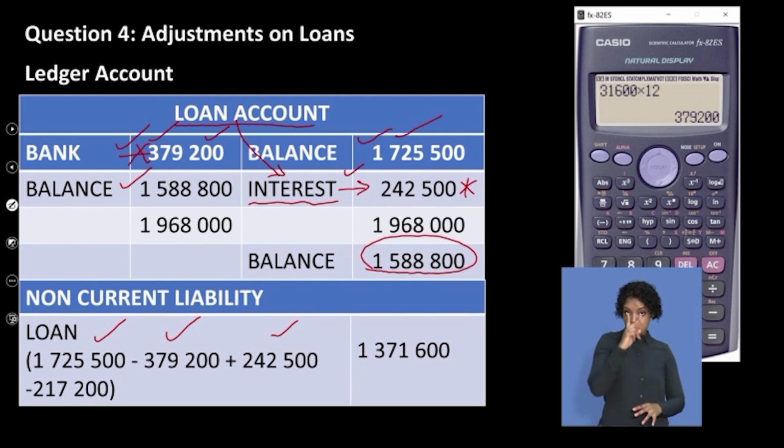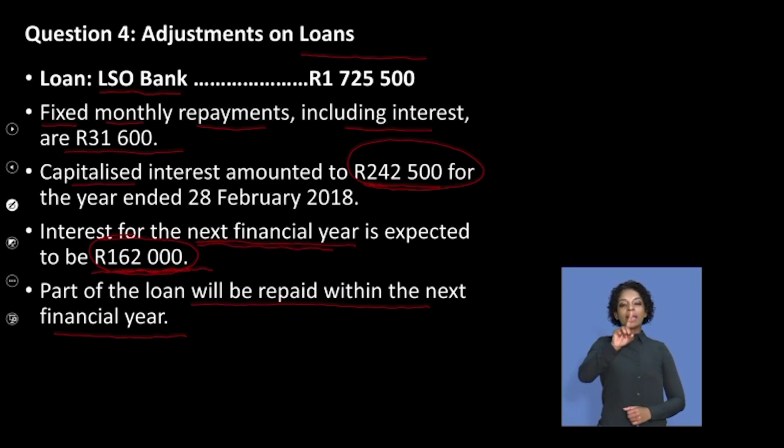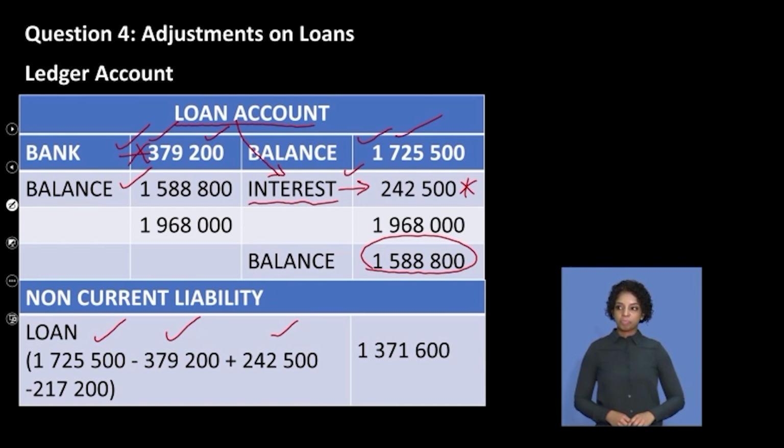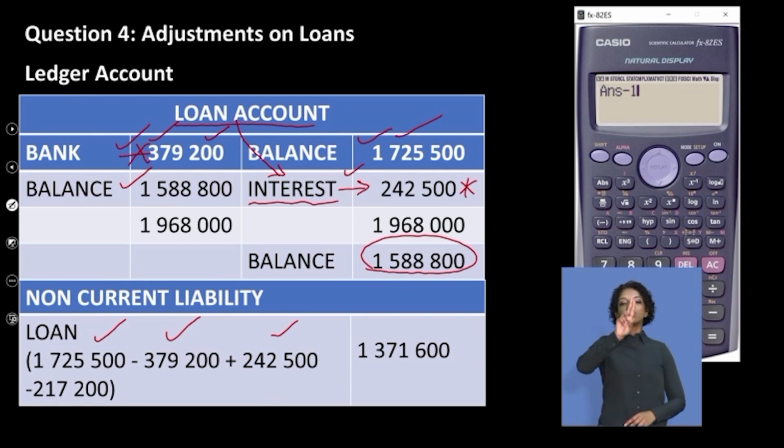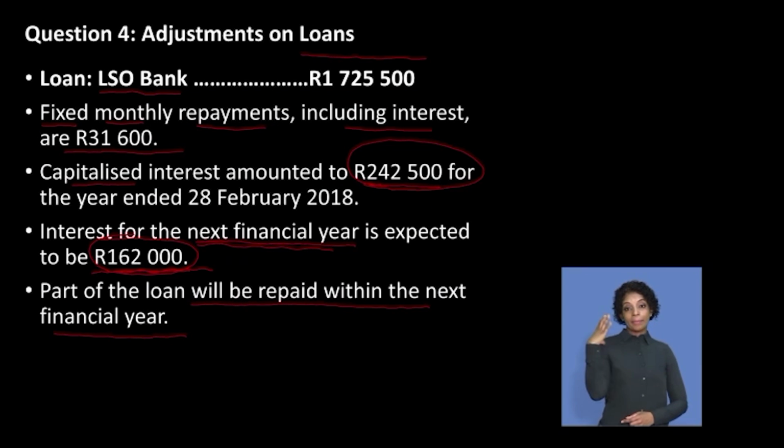So we take 379,200 minus, was it 162,000? Let's just check, so we have the correct figure. That's right, 162,000. And that will give you a figure of 217,200. In other words, your capital repayment will be minus 217,200.